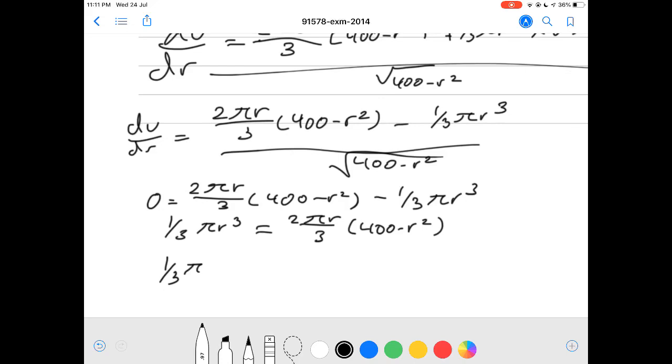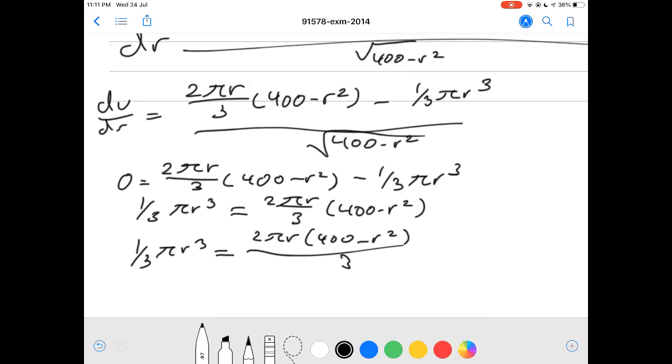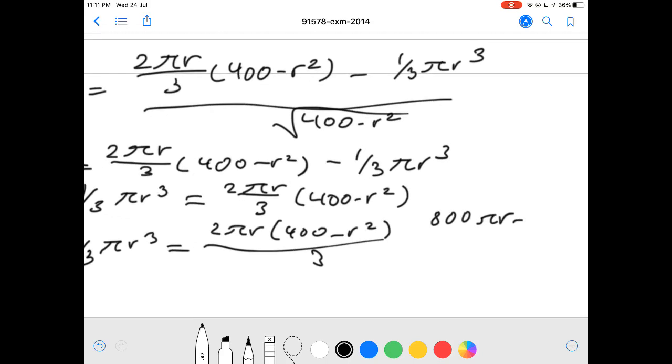So 1/3 of pi r cubed equals 2 pi r multiplied by 400 minus r squared, over 3. That simplifies to 800 pi r minus 2 pi r cubed over 3.